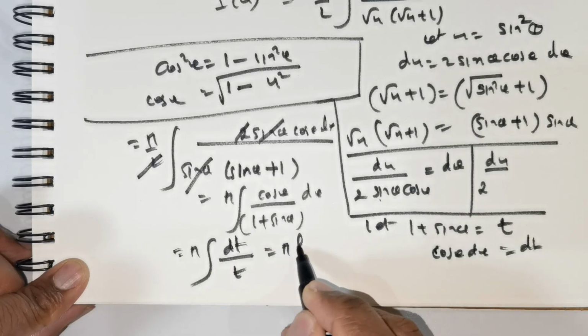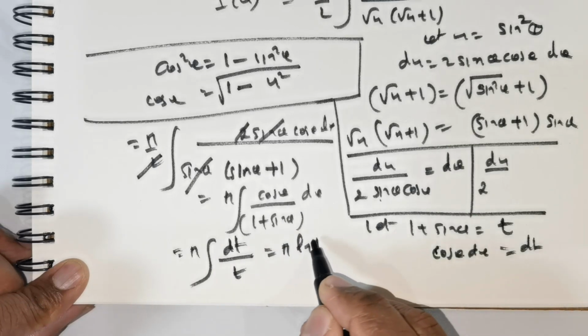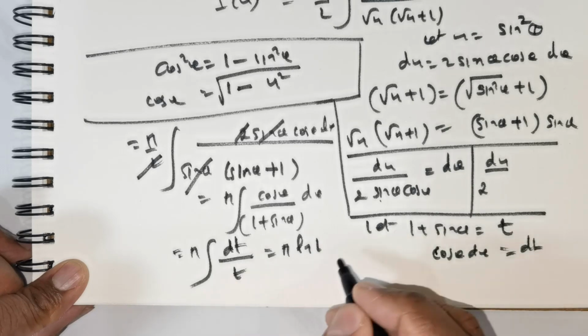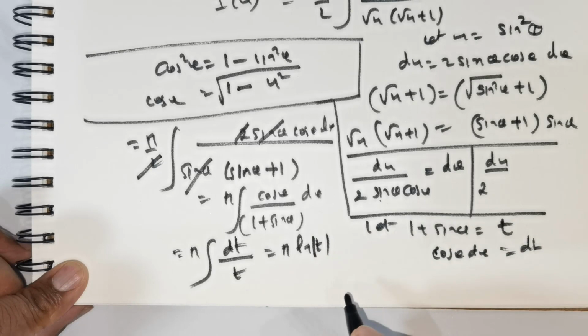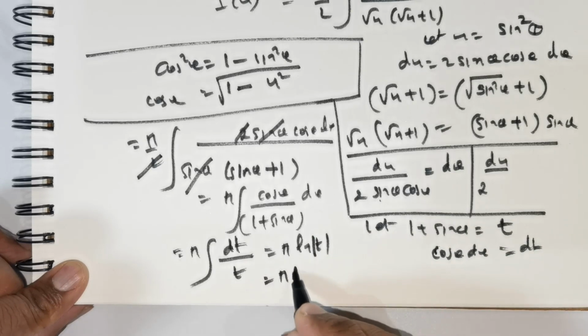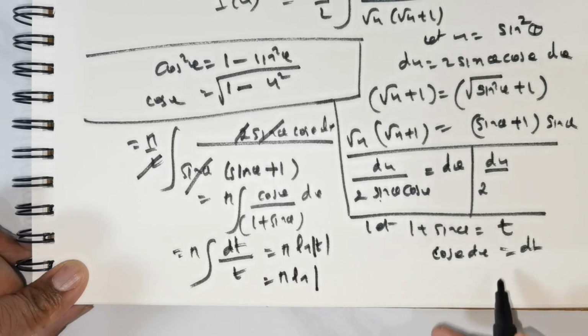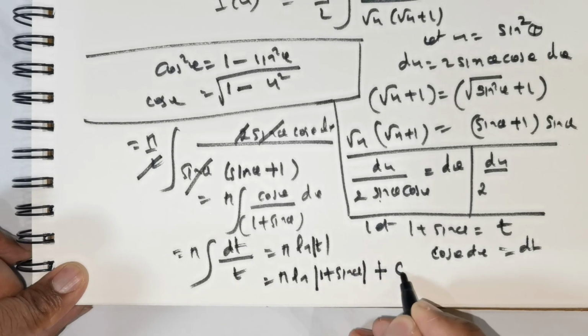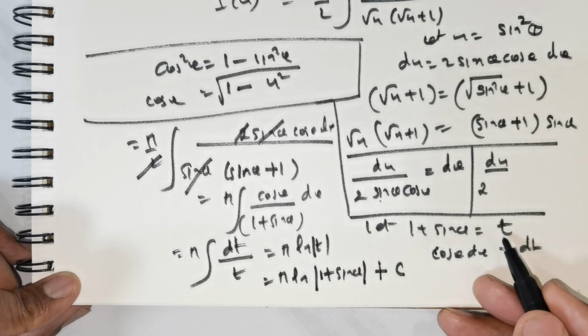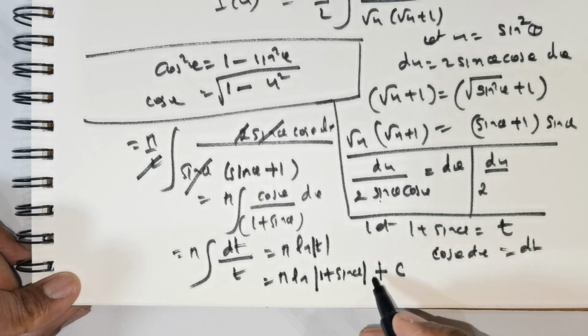So this is going to be pi times ln t. I'm using ln t, so I will have to place a modulus there. Ln of modulus t is equal to pi times ln of 1 plus sine theta plus c. Okay, so I have just placed t equal to 1 plus sine theta.